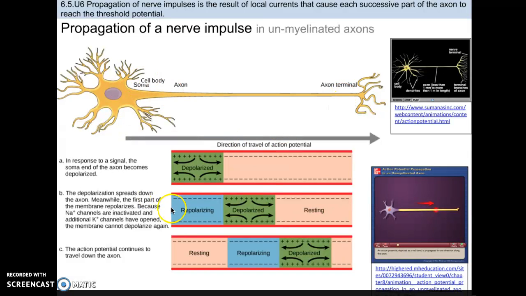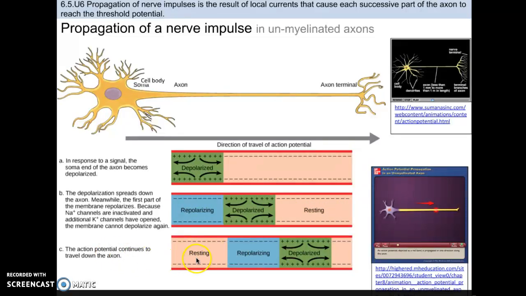And basically, the next step is repolarization. So this is when the potassium comes flooding out of the axon, allowing the charges to flip back to the way they belong. Depolarization is going to continue moving this way. And repolarization, the charges are going to get flipped just behind it.